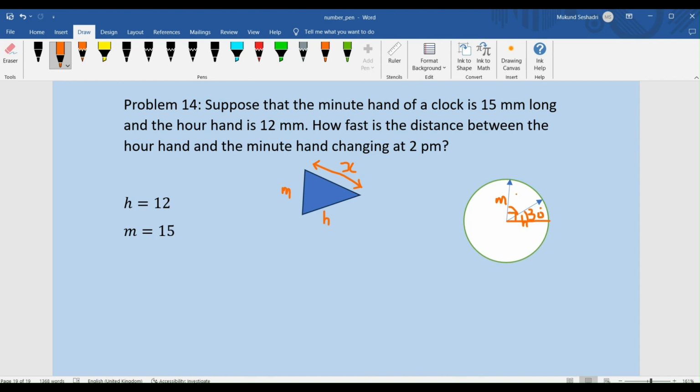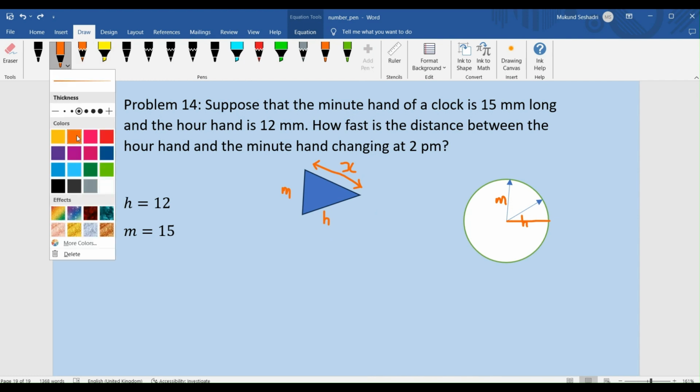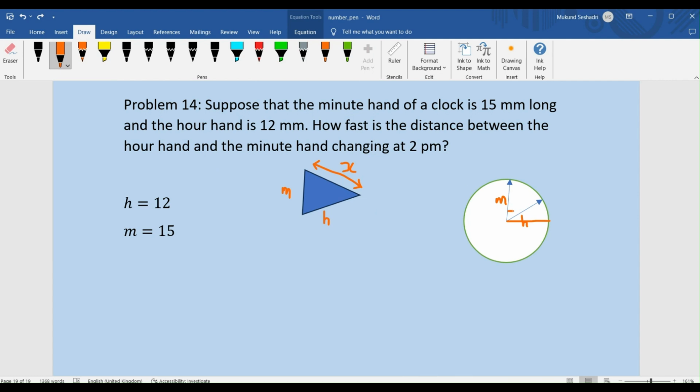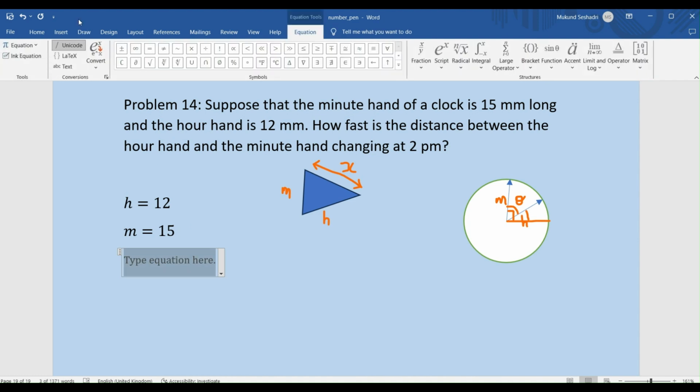So what is this angle? I know that the angle that my minute needle makes with the reference line is 90 degrees, and what the hour hand makes is 30 degrees. So the angle between the two is what we have with us at 2 p.m. Let me call this theta.